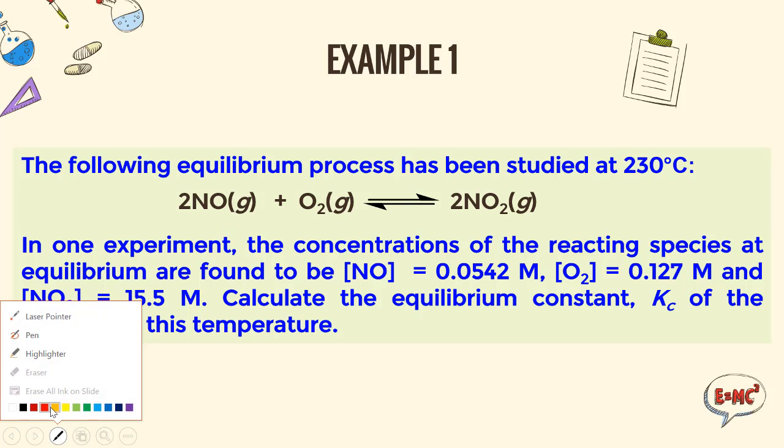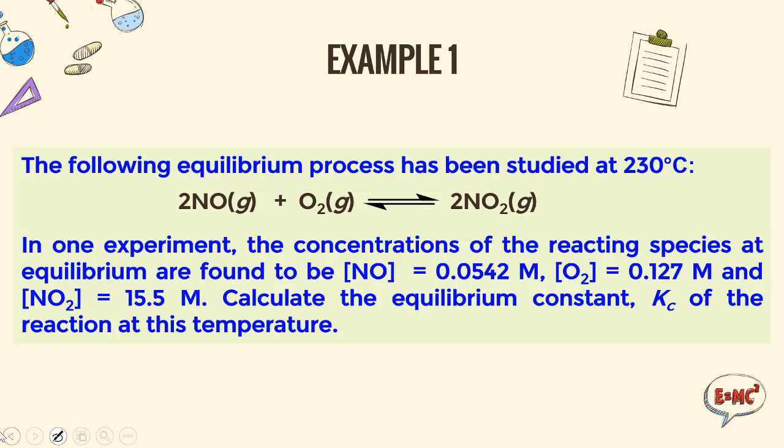Alright. The following equilibrium process has been studied at 230 degrees Celsius. Alright, so you can see here, we have 2 mole of nitric oxide gas reacts with 1 mole of oxygen gas reversibly, forming ataupun produce 2 mole of nitrogen dioxide gas.